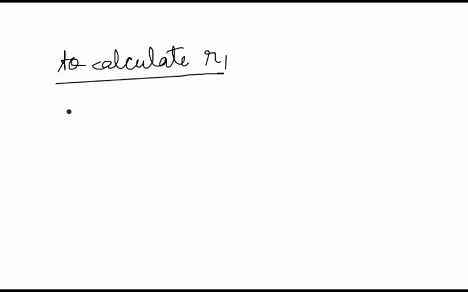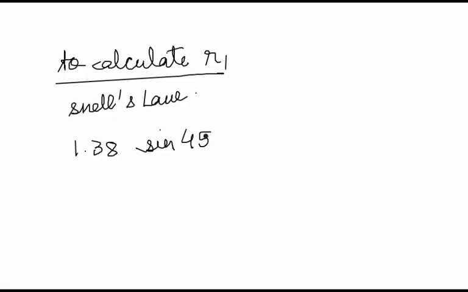To calculate R1, we apply Snell's law, which states that mu into sine theta is constant. So 1.38 into sine of 45 degrees should be equal to the refractive index of air, 1, into sine of R1.